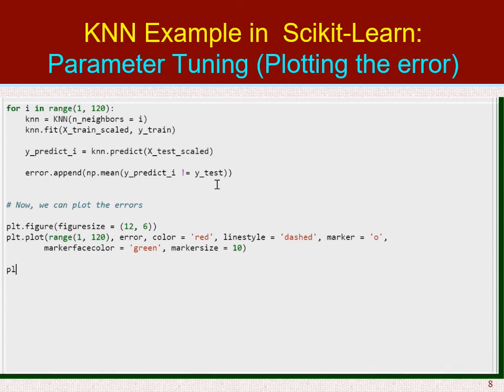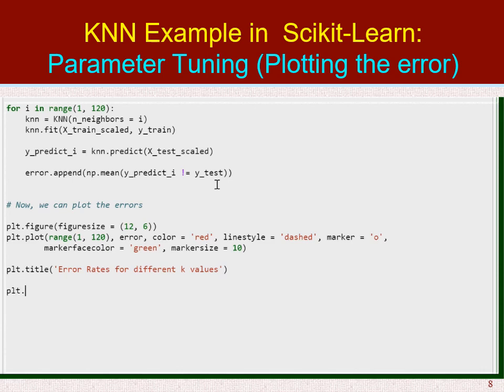All right, so let's also specify the title of the plot. Title, I want it to be the error rates for different k values. And also we have to specify the labels for both axes, the x-axis and y-axis.